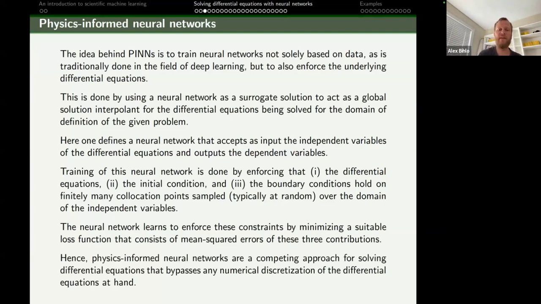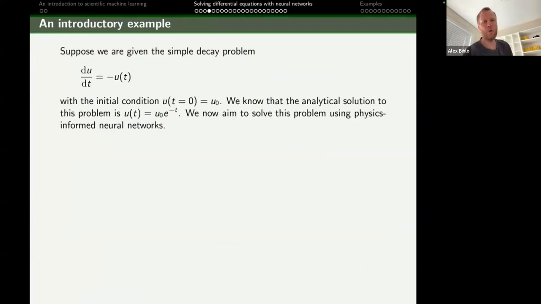I already hinted at this, because PINNs bypass numerical discretization, replacing it by fitting an interpolation function. And I'll make this precise now with the simplest possible example, namely a simple ODE in one variable. So this is a simple decay problem.